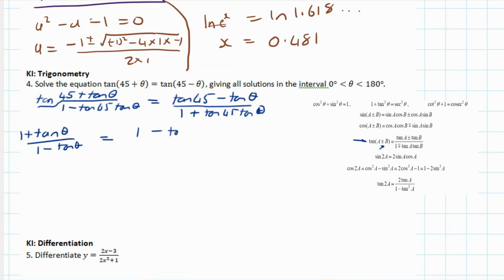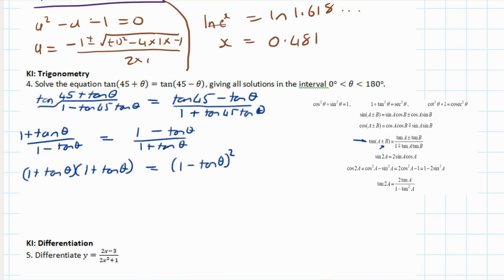1 minus tan theta over 1 plus tan theta. So we're going to multiply the denominators to get them across to each side. On the left hand side we'll have 1 plus tan theta, and that ought to be going into 1 plus tan theta equals, and then on the other side we have 1 minus tan theta times 1 minus tan theta, so we're going to go squared.